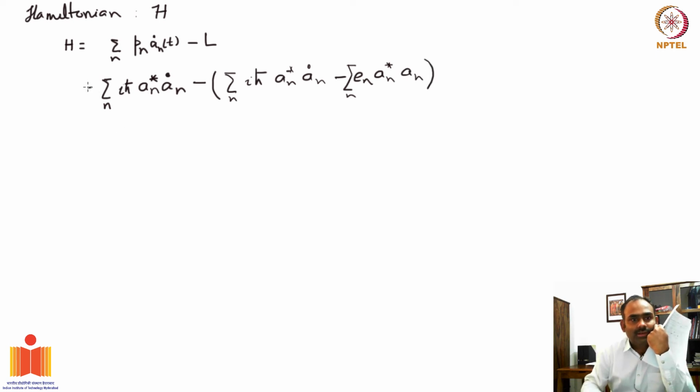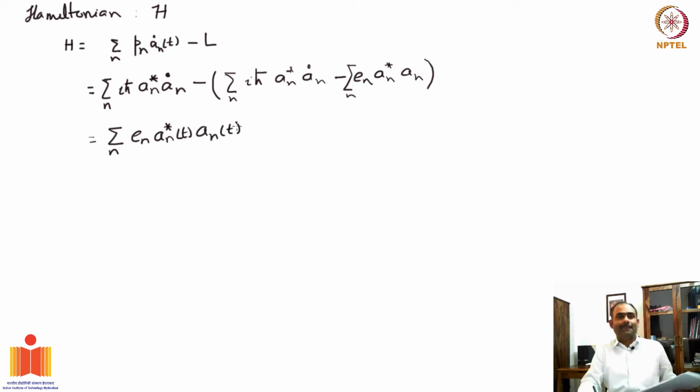Okay, that's nice. So these two terms clearly cancel, and this minus sign cancels and leaves us with summation over n En An star(t) An(t). Okay, that's the Hamiltonian. It's a sum of infinite number of terms, and each term is En An star An.